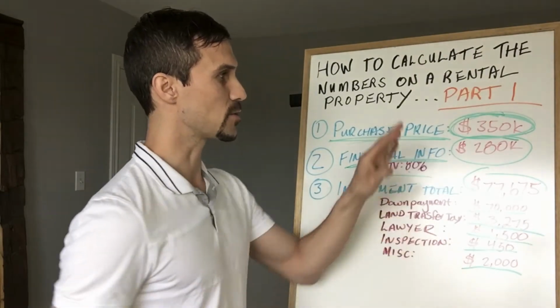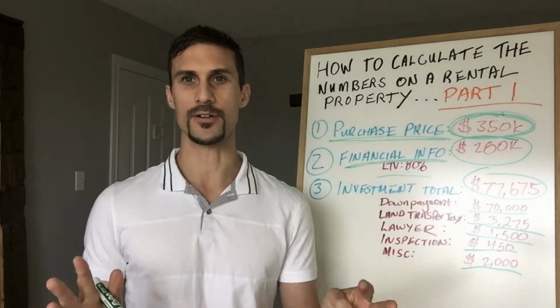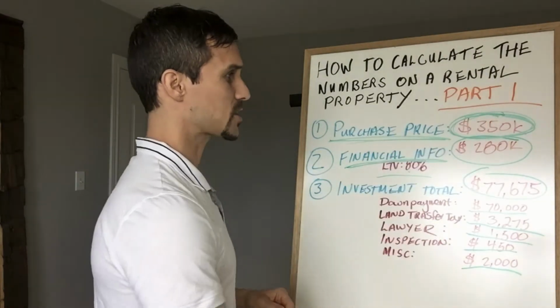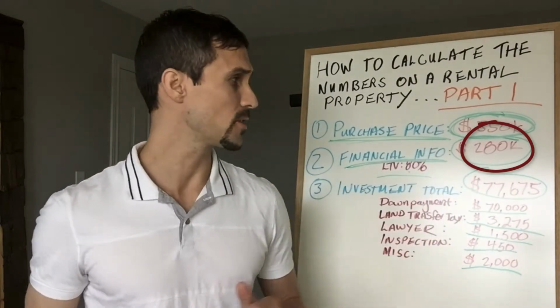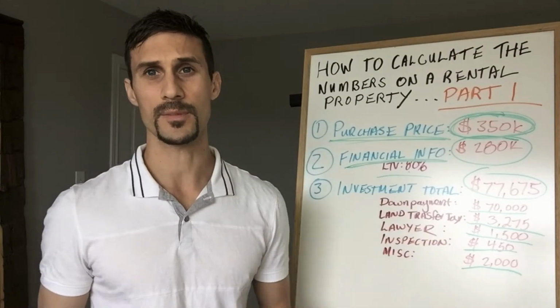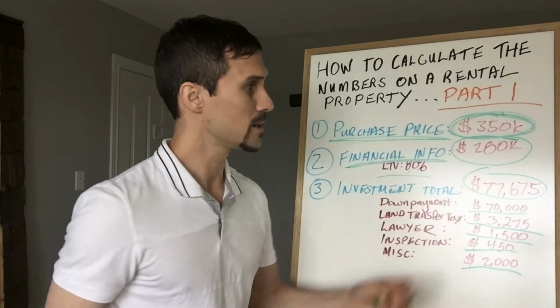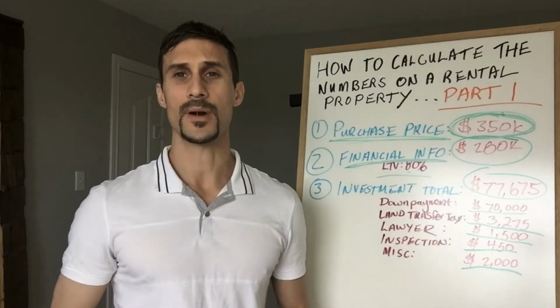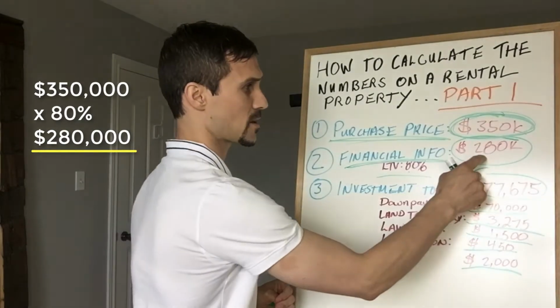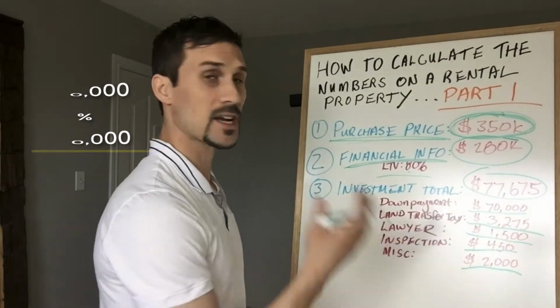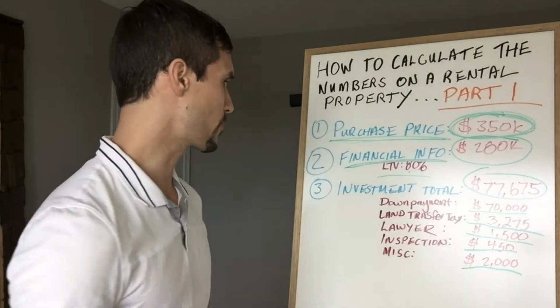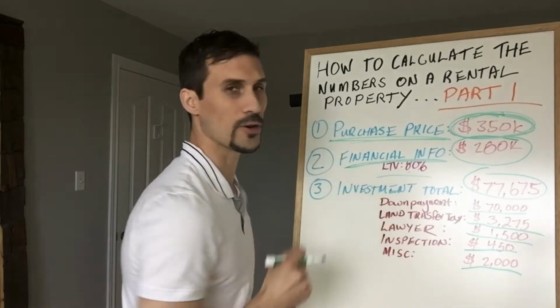So what does this actually mean for you? This means that if you're purchasing a property for $350K, the mortgage will be $280K. So how did we come up with that number? We basically took $350K times 80%, and that gives us our mortgage amount of $280K, which leads us into our third point, the investment total.